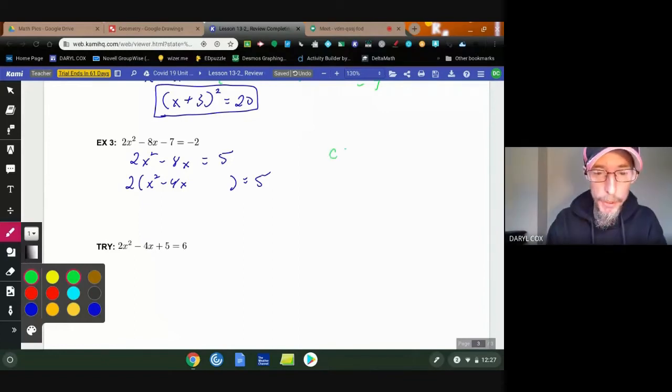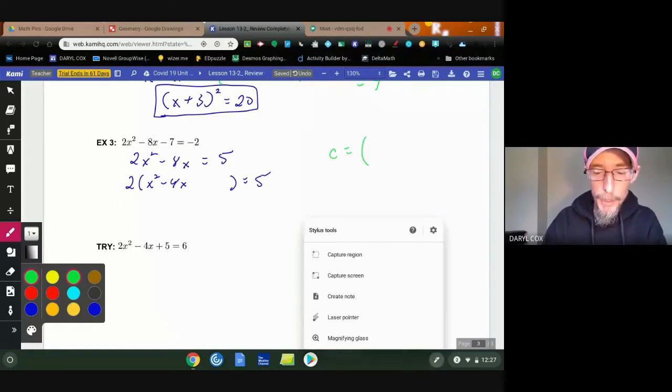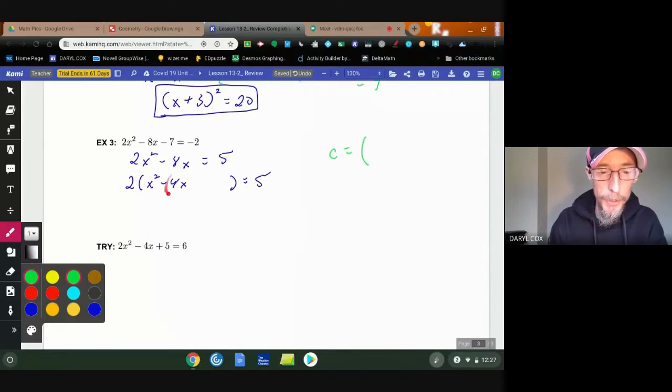So my C term equals my B term over 2, squared. Now the B term is without the 2, so it's this 4. That's my B term. So I'm going to use 4 over 2 squared, which is 2 squared, which is 4. So I'm going to add 4 here. But on the other side, I'm not adding just 4.